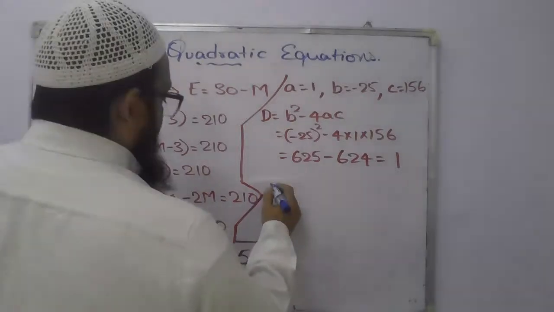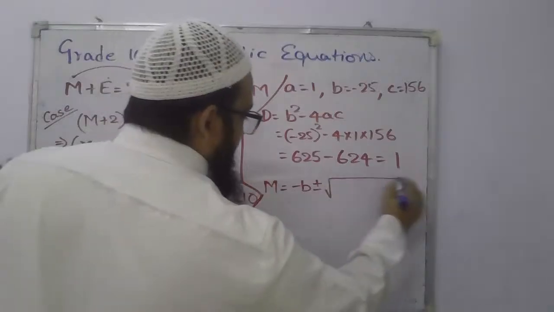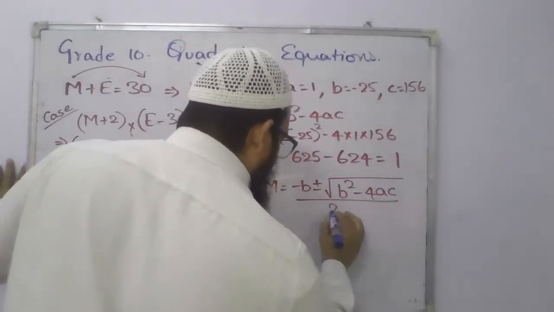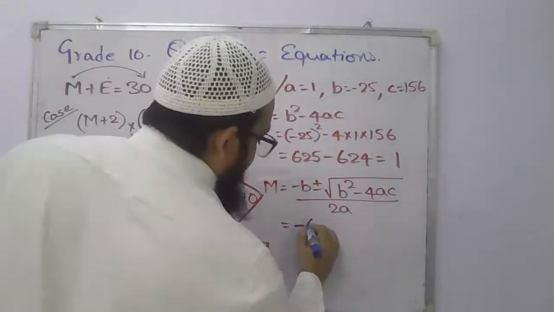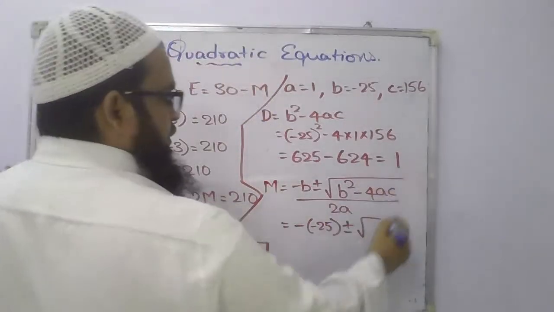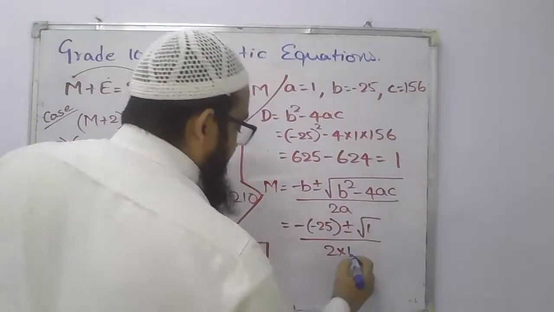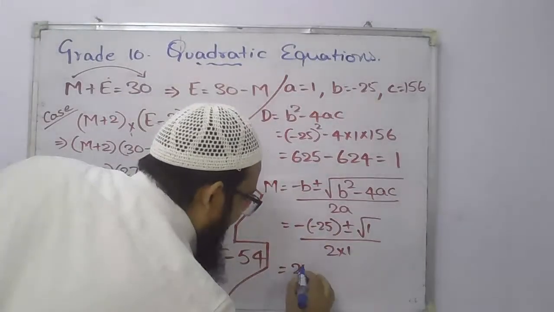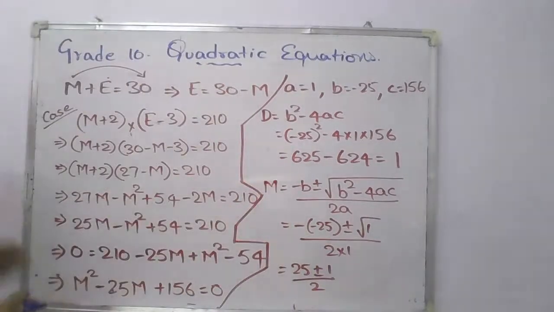Let us find M. That means X is equal to minus B plus or minus square root of B square minus 4AC divided by 2A. Minus, what is B? Minus 25. Plus or minus square root of B square minus 4AC is 1, divided by 2 times, what is A? A is 1. So you will have 25 plus or minus 1 by 2. Understood?